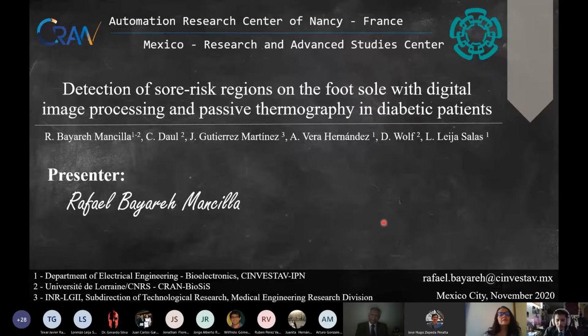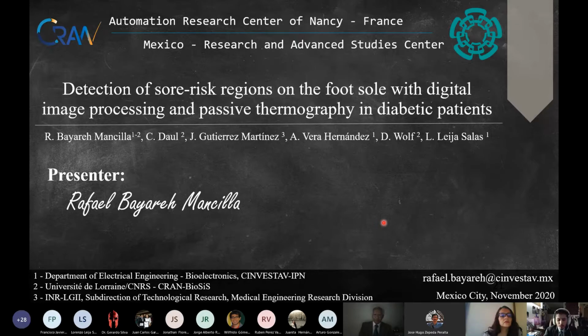Some colleagues of our laboratory have also researched these problems with digital image processing, which supports this hypothesis that the lesions do not only appear or develop in the sole of the foot. This problem of the diabetic foot, in fact, affects the lower limb.